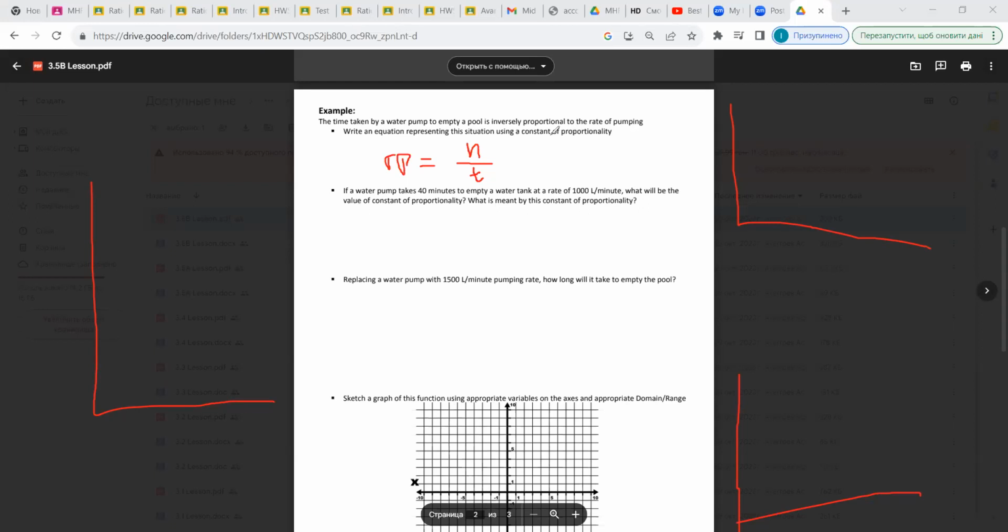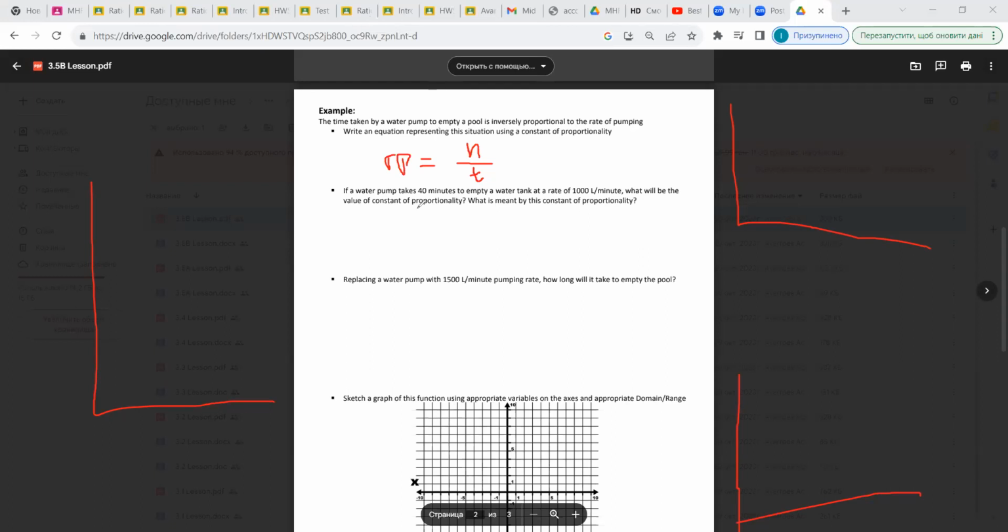Okay, great job, Hala. Value of constant of proportionality would be 40,000. I use the equation T equals C over R. Great job. Yeah, absolutely right.